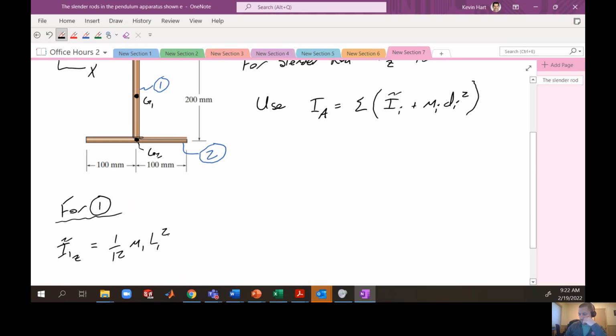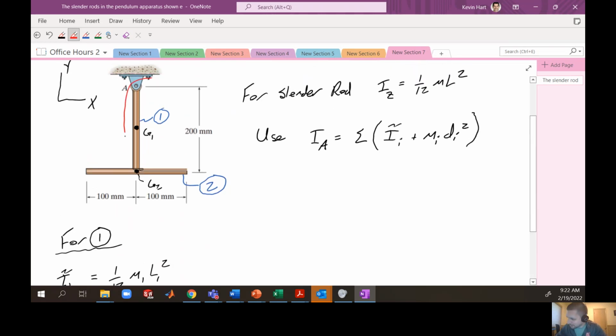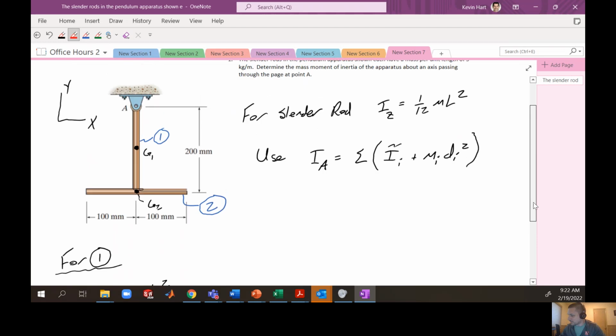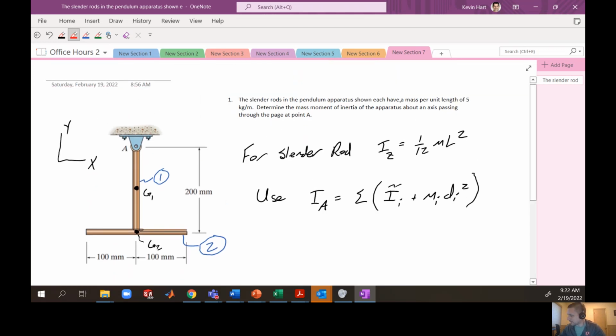Now we need to figure out what the mass is for this first individual slender rod. We notice that it has a length of 200 millimeters. That's useful because in the problem statement, we're told that each of these objects has a mass per unit length of 5 kilograms per meter. Okay, that's useful information.